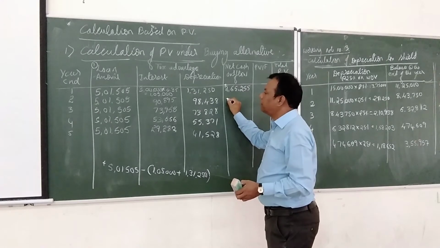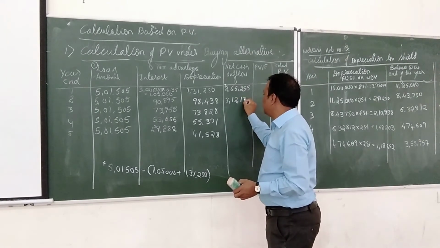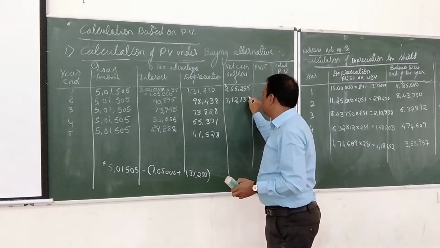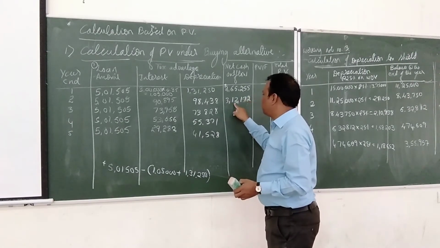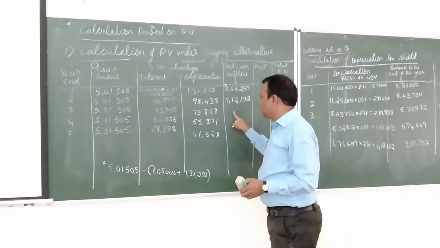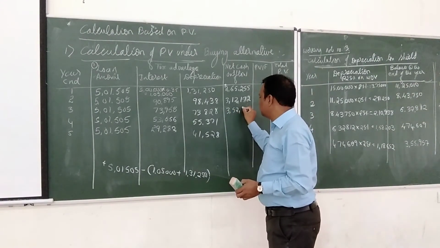Next one, second one is 3,12,172, correct? Third one? 3 lakh 52,000.